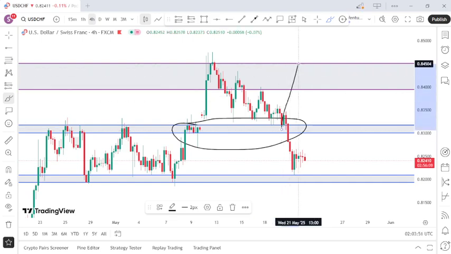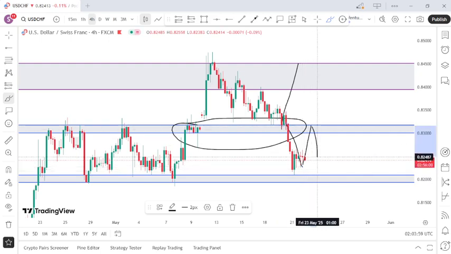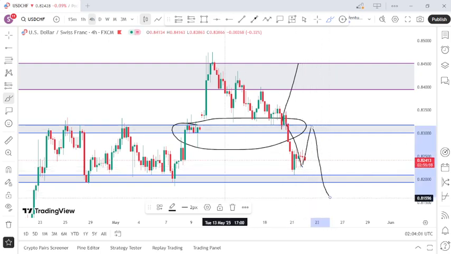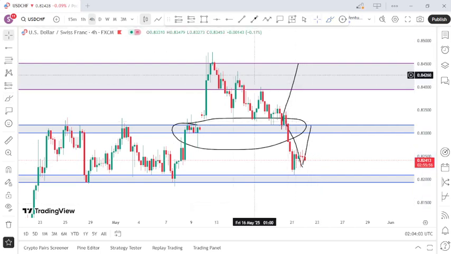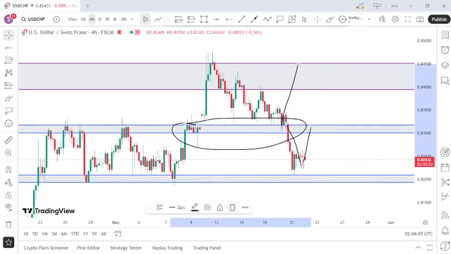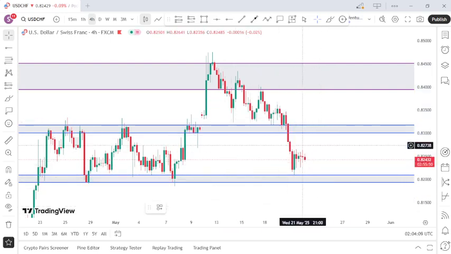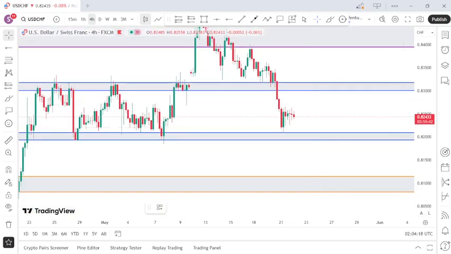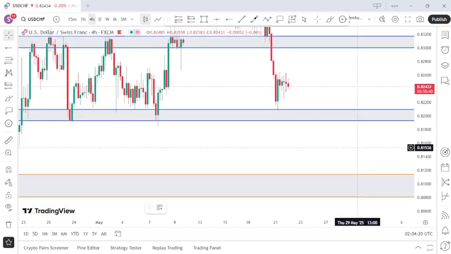So what I was waiting for is to see that price breaks out of the zone to the downside, comes back for a retest before we take the sell. And price has broken out of the zone. So what you have to wait for is price to come back for a retest with a candle confirmation, which will be the reason why we'll be picking an entry on USDCHF.